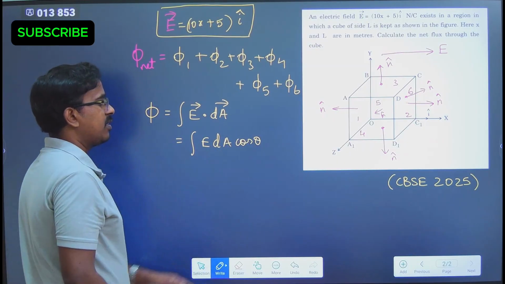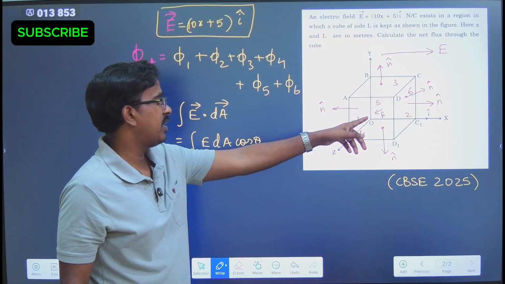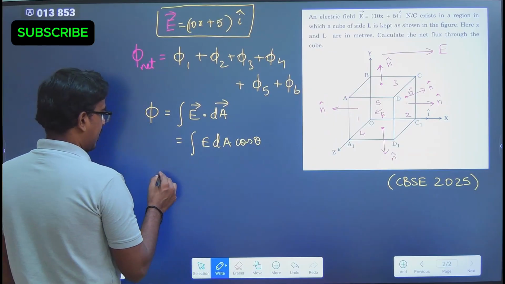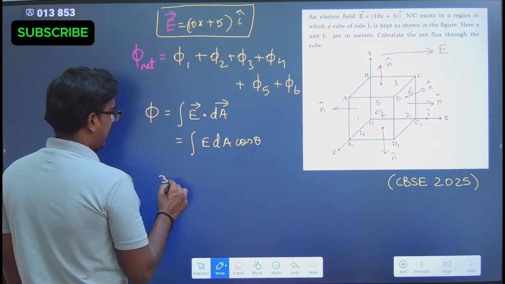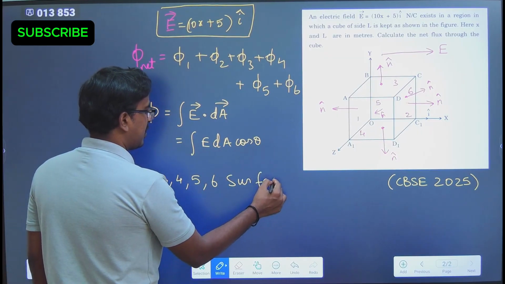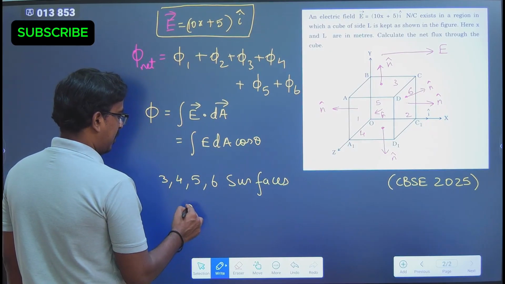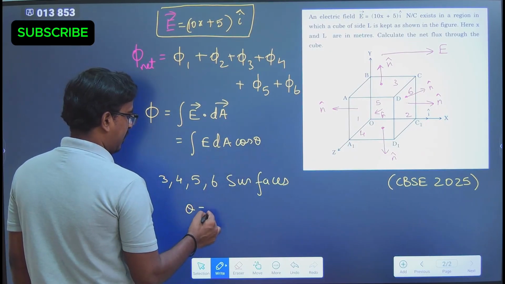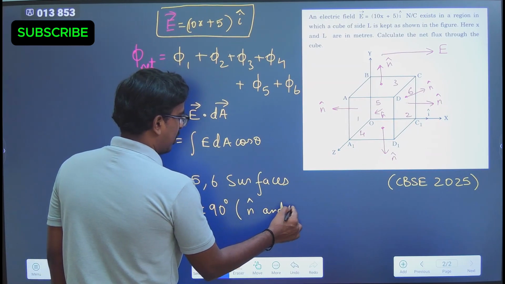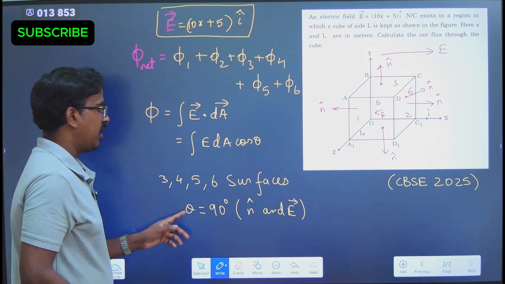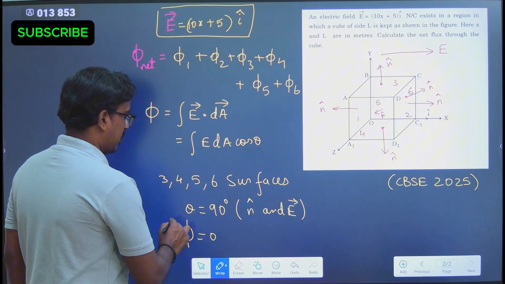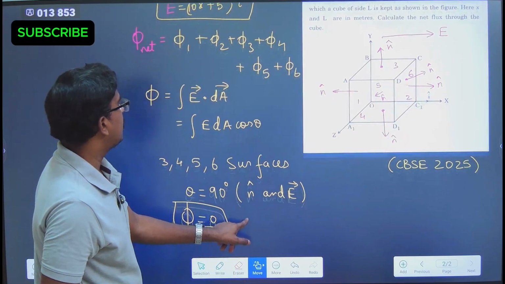For surfaces 3, 4, 5 and 6, totally 4 surfaces, the angle between the area vector n cap and the field is 90 degrees. Whenever cos 90 is there, this entire flux goes to 0. We know this. So what are the fluxes which are going to be 0 here?